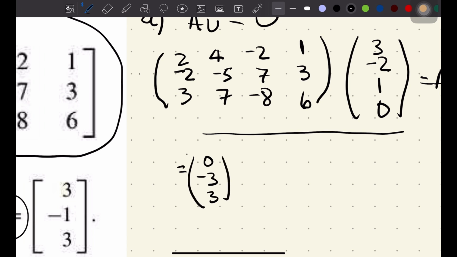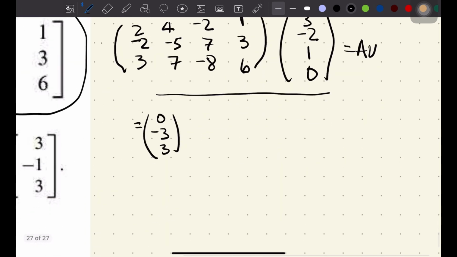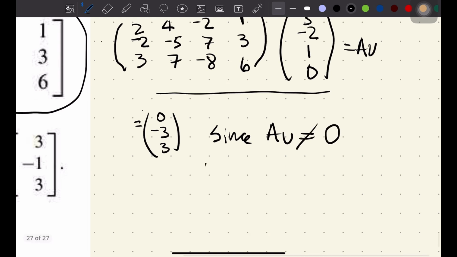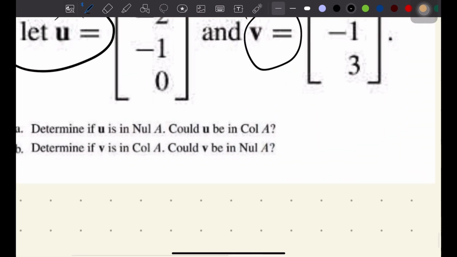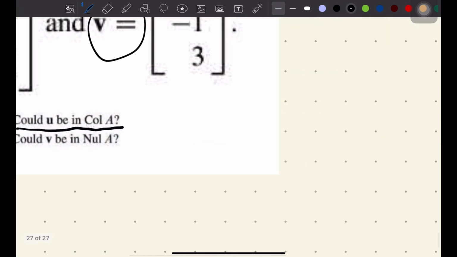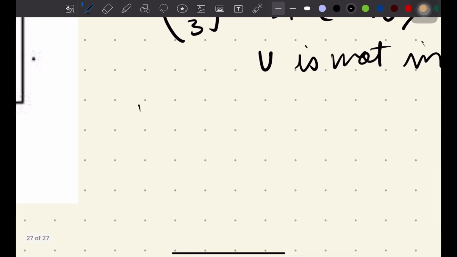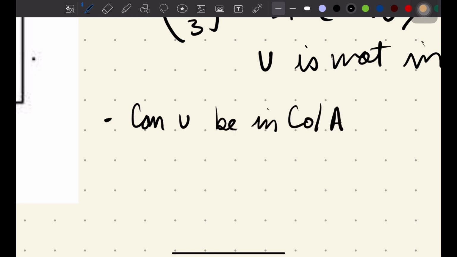So since Au does not equal 0, u is not in Nul A. But it's also asking us a second question: could u be in Col A?